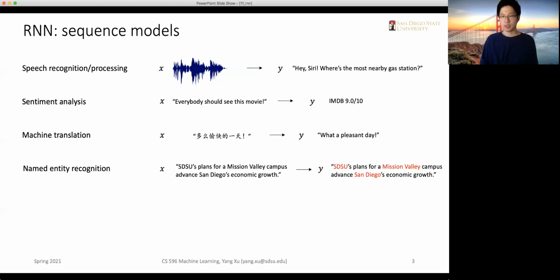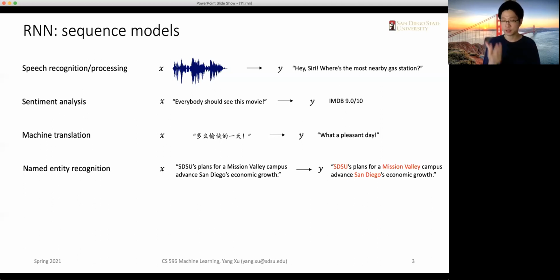It's a specific task in natural language processing called named entity recognition. A named entity includes things like a person's name or a place's name, that can be represented by some entity, right? So in the sentence, "SDSU plan for Mission Valley campus advanced in San Diego's economic growth," how do we recognize that SDSU here represents a university, right?